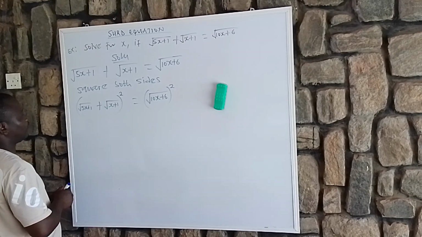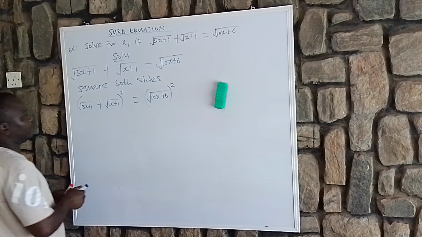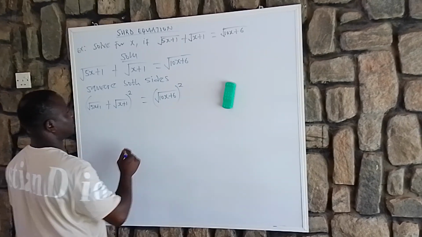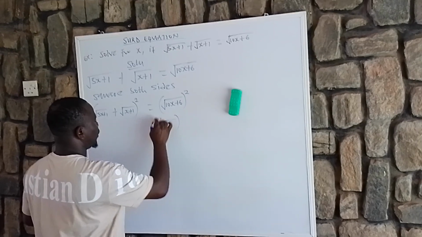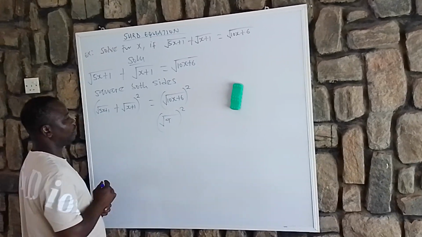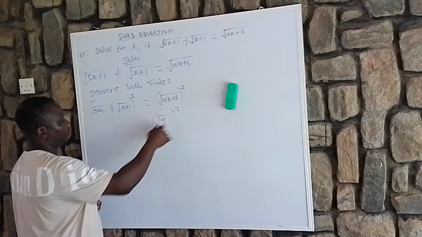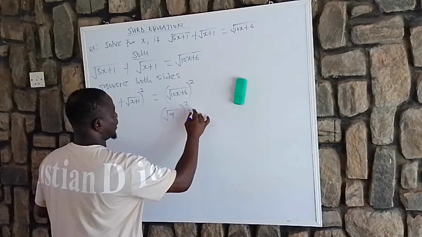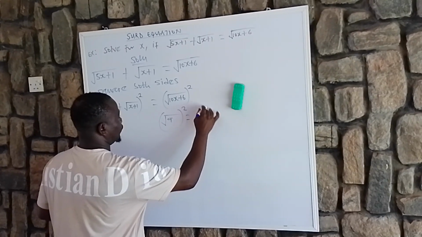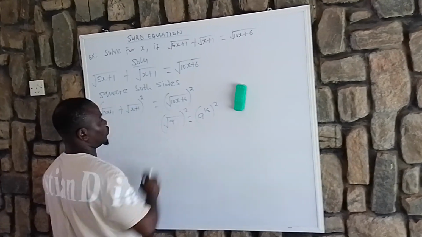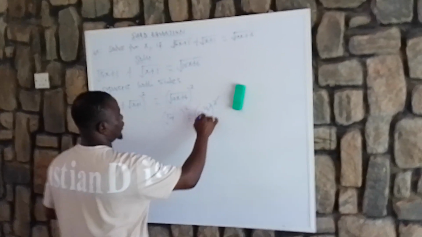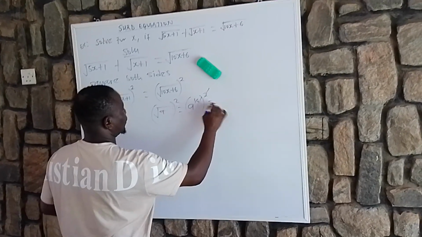Go back to your indices. If we have something of this form, square root of a, all in bracket raised to power 2, this is the same thing as a raised to the power 1 over 2, close bracket, raised to power 2. So without loss of generality, this and this will cancel to give us a.